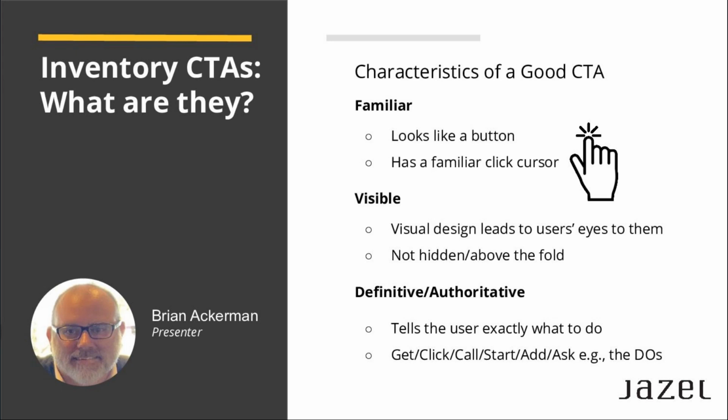Then a call to action's language. It's definitive and authoritative. It tells the user exactly what to do. Some examples would be get this, click here, call now, start today, add to cart, everybody's favorite, ask a question. I call these the do's. It's do something. It tells the user to do it.